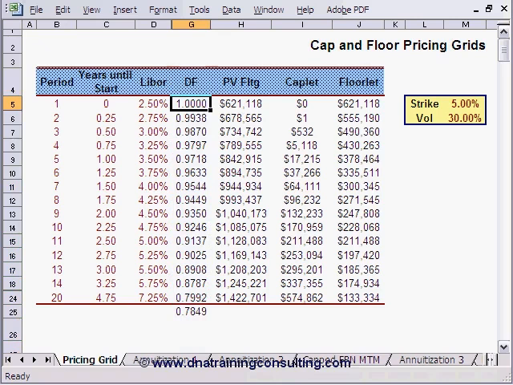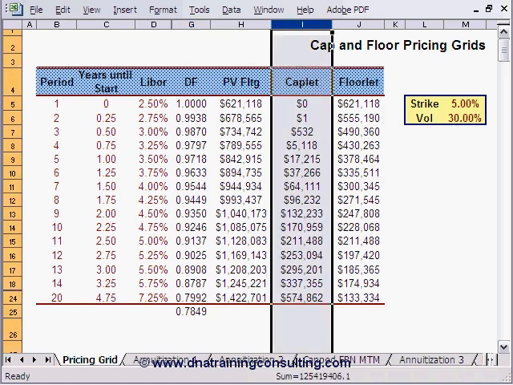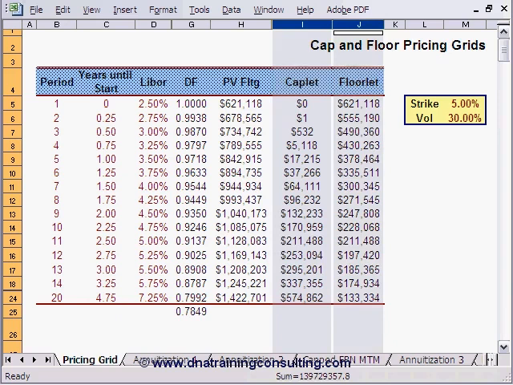It is in fact the somewhat meaningless discount factor for a cash flow occurring right now. And it appears in the cell simply because the general form of the price formula for caplets and floorlets in these two columns, I and J, become easier if we insert this number 1 in G5.